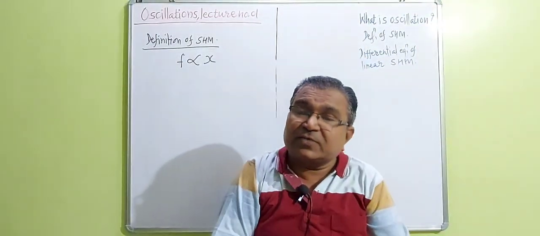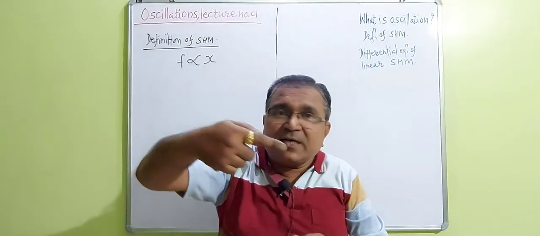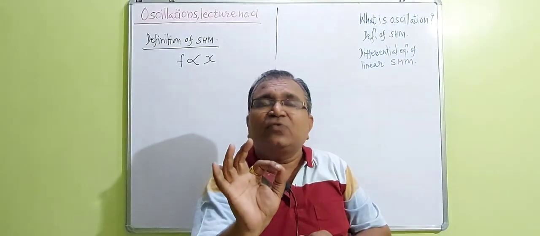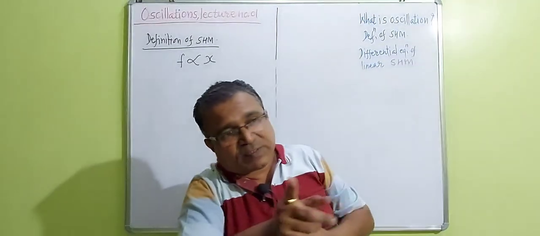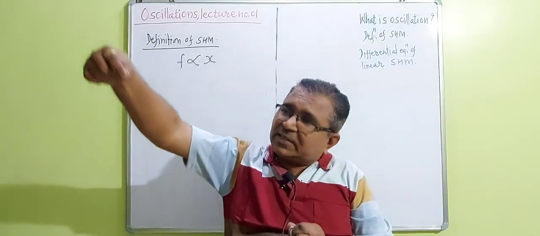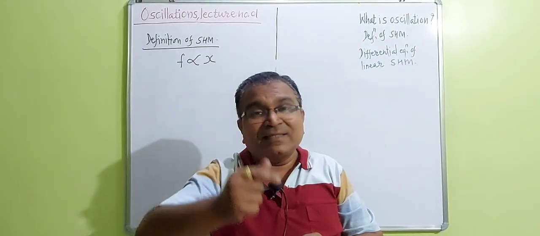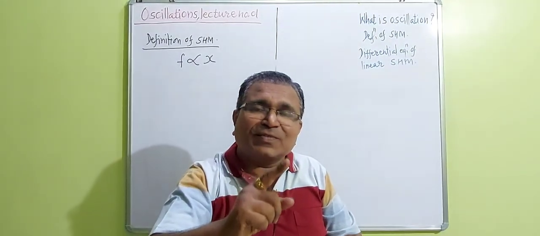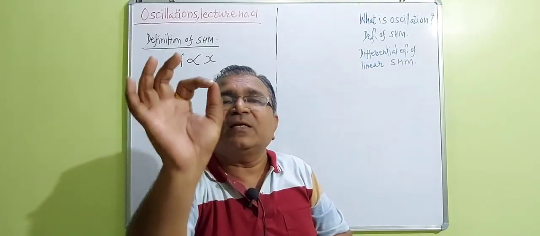Listen carefully, dear students. That restoring force tries to restore the body to its mean position. When the body moves here, the restoring force tries to restore the body to the mean position. That means the restoring force is always directed towards the mean position.